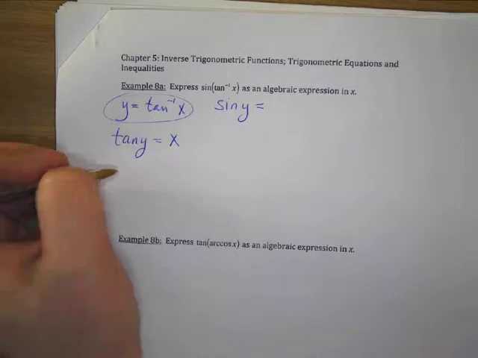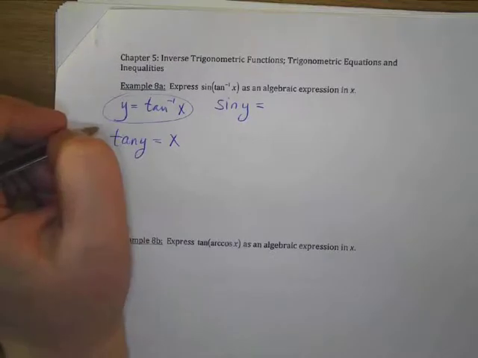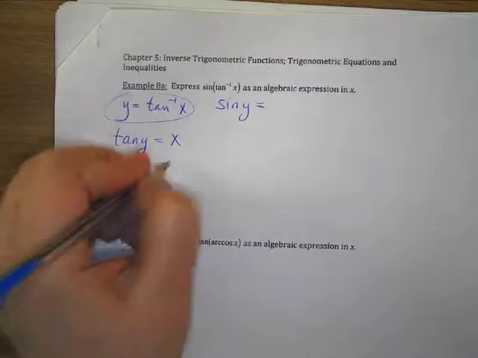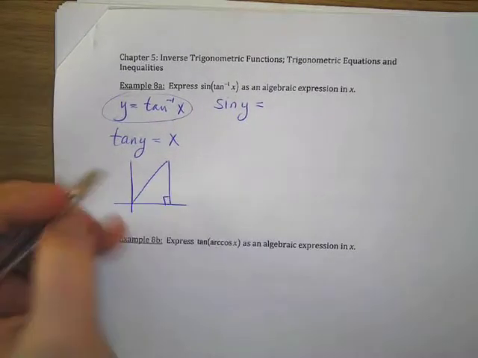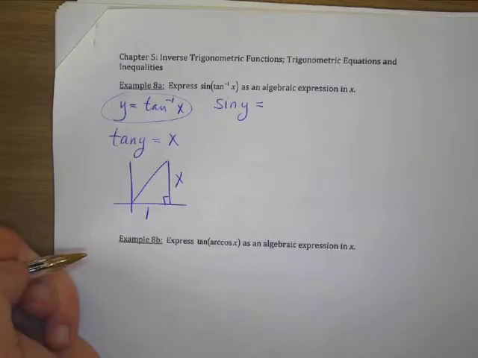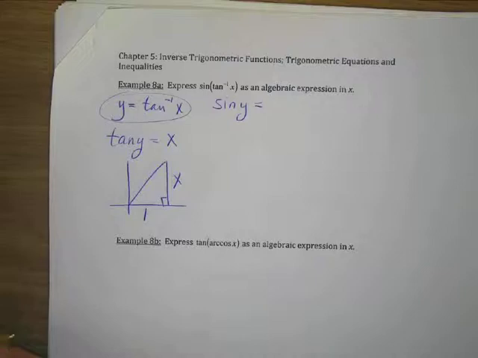When we do these ones, when they give us the ratio, we're going to have x's in our answer. We're always going to assume we're drawing our triangle in quadrant 1. So we're always going to assume quadrant 1 on these, okay? So let's draw our triangle. So the tangent is opposite over adjacent. And then how do we find our hypotenuse? Pythagorean.